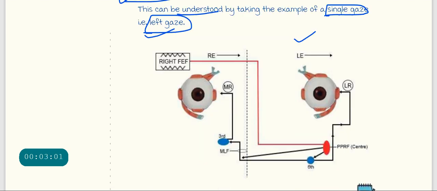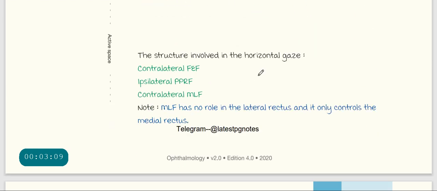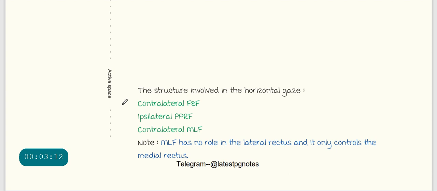So what basically structures can you see in this? These are the involvement of contralateral FEF. Okay, the next is ipsilateral PPRF. PPRF is what? Parapontine reticular formation. Okay, and contralateral MLF.